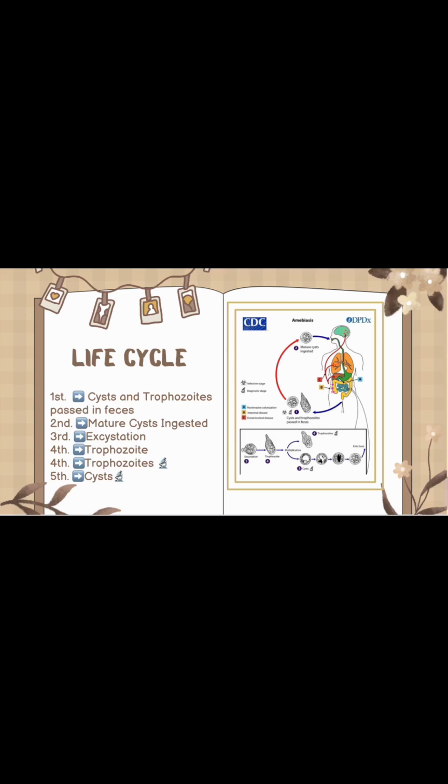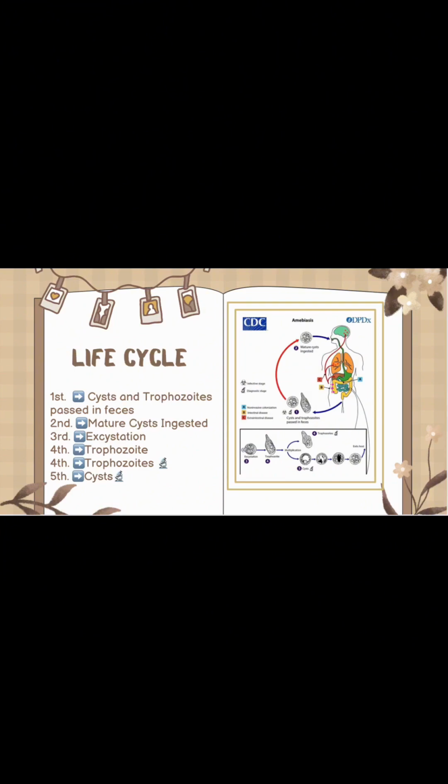In the fourth stage also, the trophozoites may remain confined to the intestinal lumen, with individuals continuing to pass cysts in their stool. Trophozoites can invade the intestinal mucosa or blood vessels, reaching extraintestinal sites such as the liver, brain, and lungs.